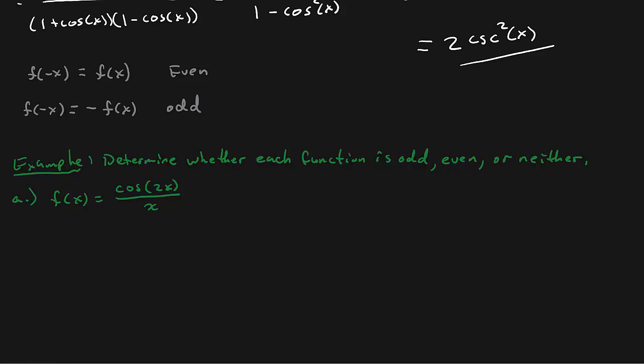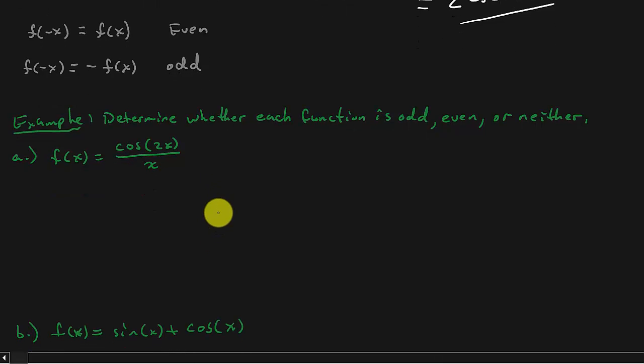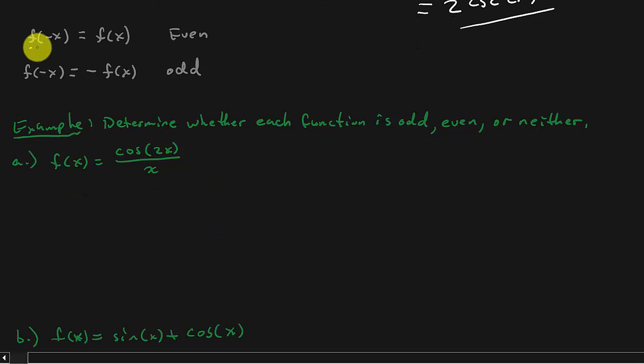So basically what we have to do is evaluate the function at negative x. So if I have f of negative x, that's going to be cosine of 2 times negative x over negative x, right? I'm just replacing the x's with negative x.